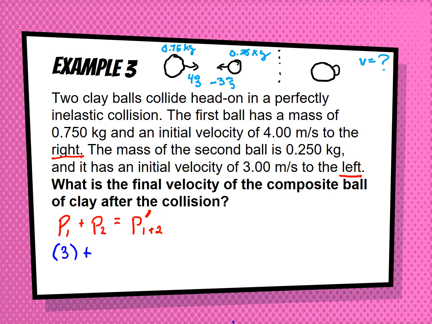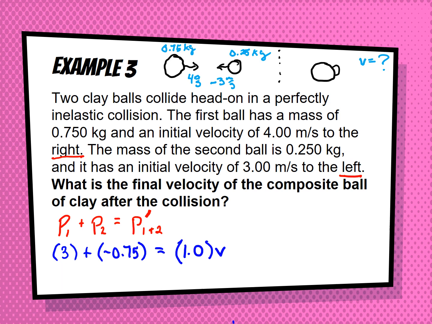And the smaller clay ball has a momentum of negative 0.75. And then after the collision, we have their masses added together. So 0.75 plus 0.25 is going to be 1 kilogram times their new velocity.